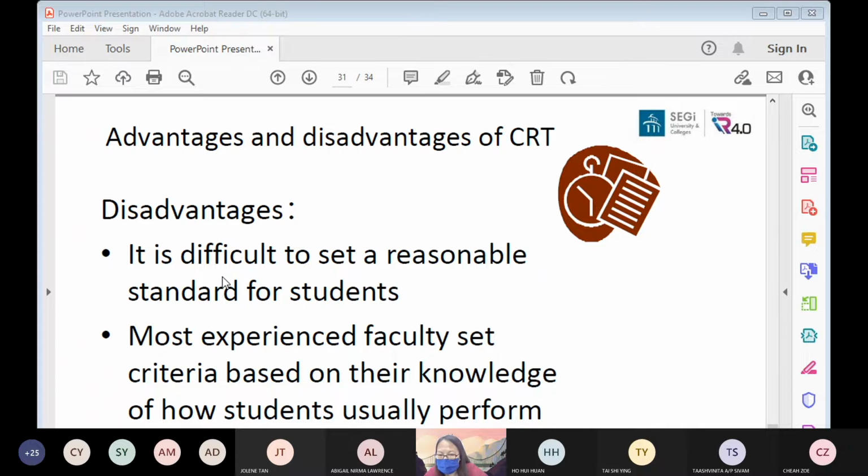Criterion reference test, you look at the title. The title says what? Criterion reference test, right? Criteria. Based on criteria. Based on what? Jolene, based on what I just told you?